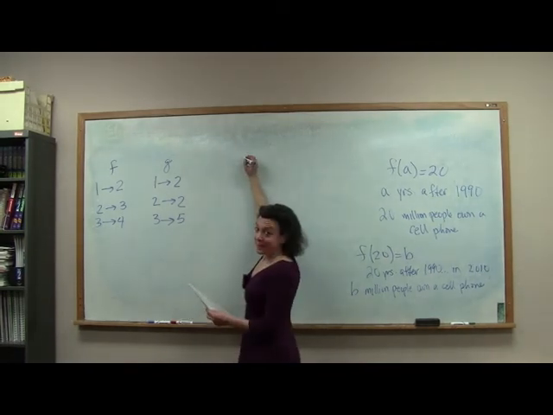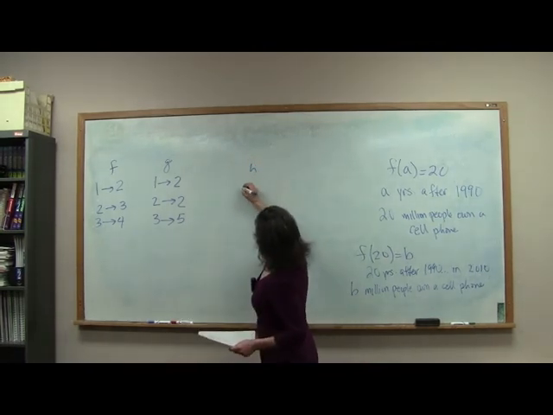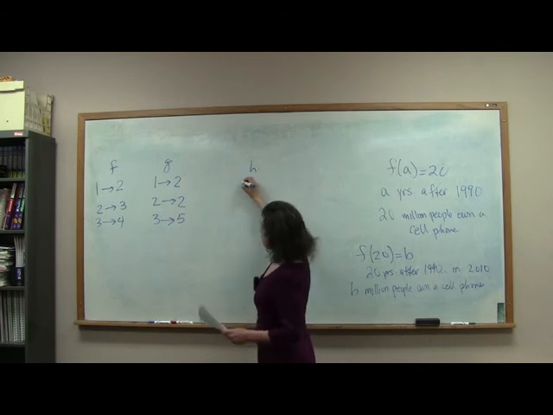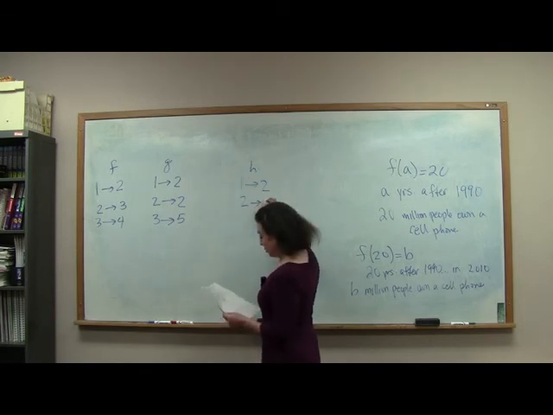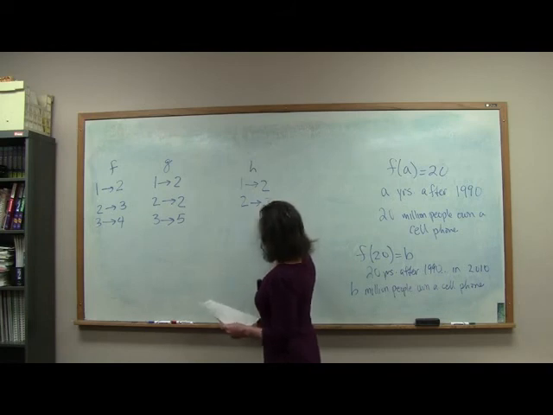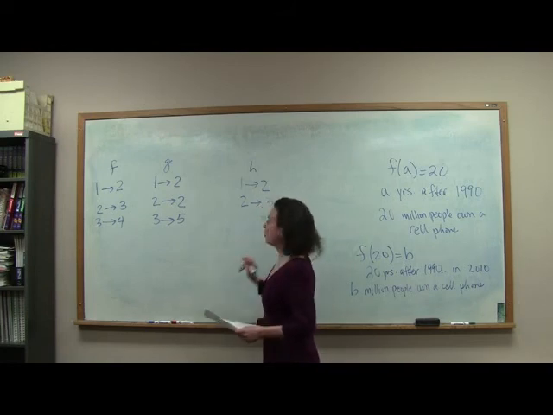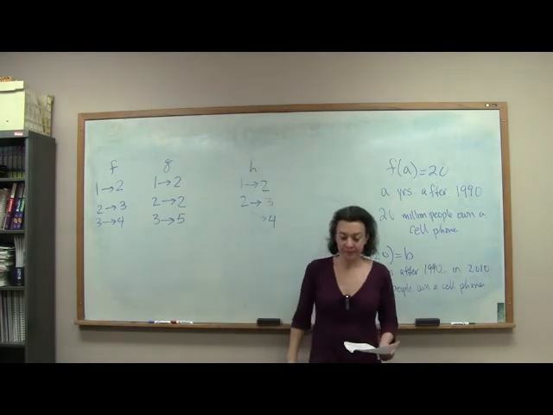And last but not least, what if I have a relation h, and I'm going to say 1 goes to 2, how about 2 goes to 3, and 2 also goes to 4? Okay?